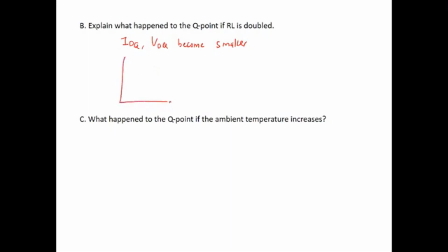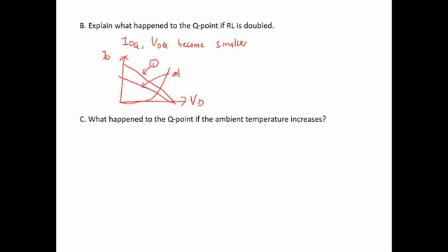Okay, if I use this one, this is the ID versus VD. Let's say this is a diode. This is the first load line, and let's say after, the load line will become something like this.